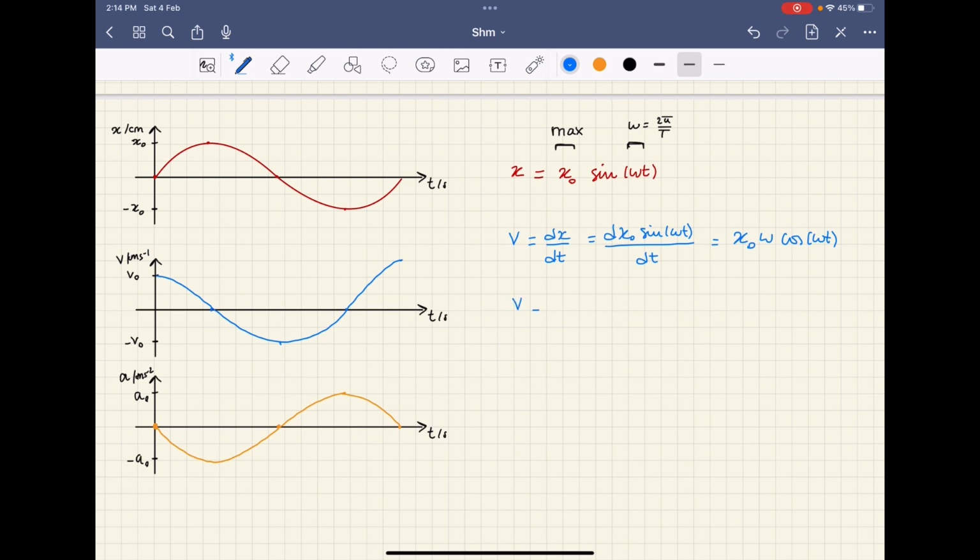And so v is equal to x0 omega cosine omega t. Yeah? Once again, this quantity over here represents the maximum of our graph, which is the v versus t graph. So this is our maximum velocity.